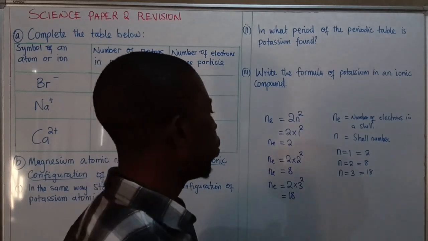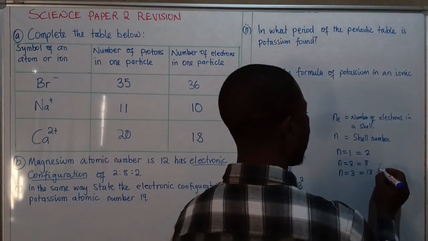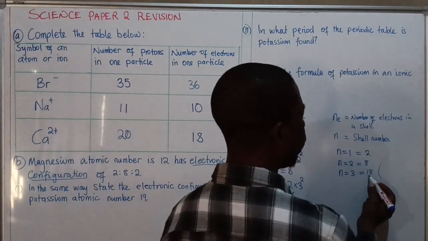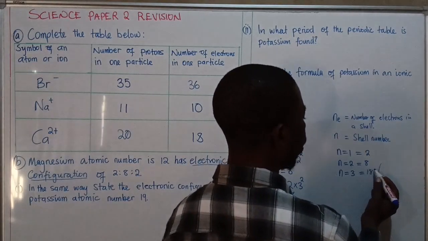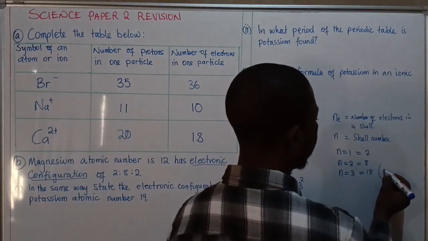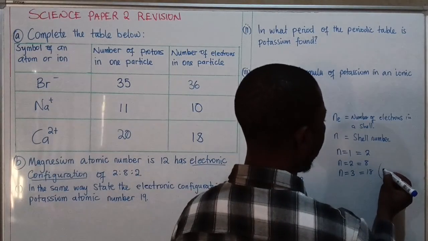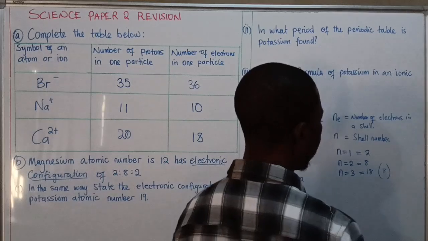However, there are some exceptions. If you do not have enough electrons to make it up to 18, you can also give it 8. So 18 or 8, that is an exception.